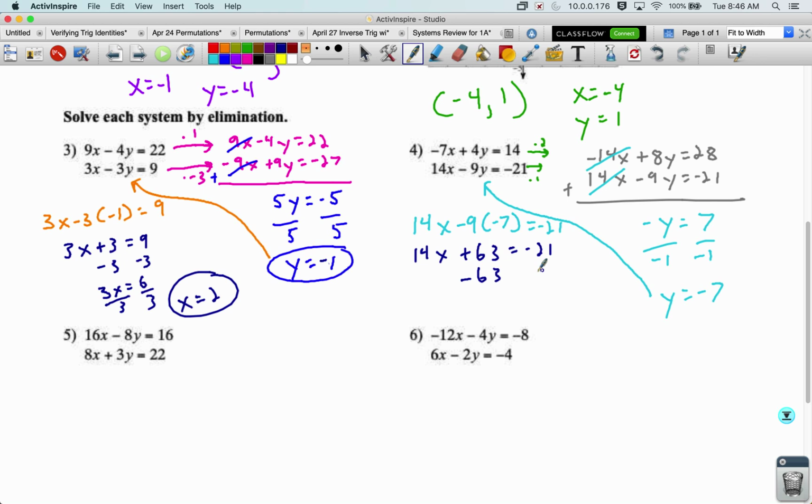Subtract the 63 from both sides. 14x equals negative 84. Divide by 14. 84 divided by 14 is 6. So x equals negative 6.